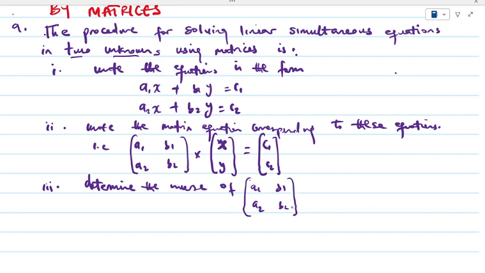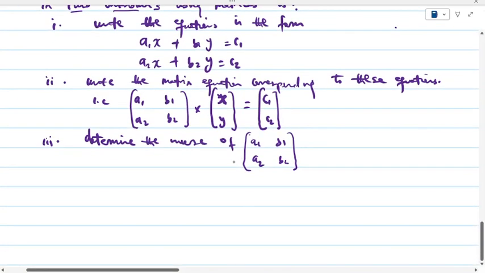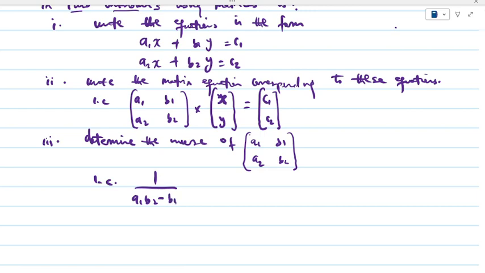And don't forget, in our previous lesson we checked how to find the inverse of a 2 by 2 matrix. You find the determinant, which is a1 b2, that is this times this, minus this times this: a1 b2 minus b1 a2.